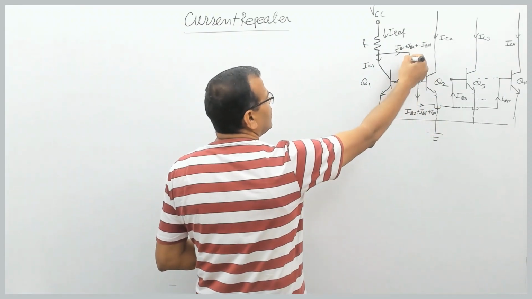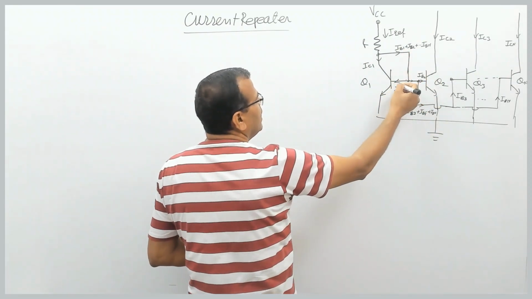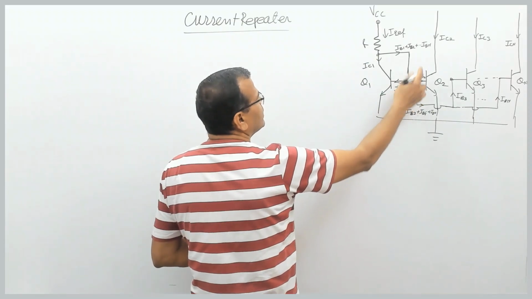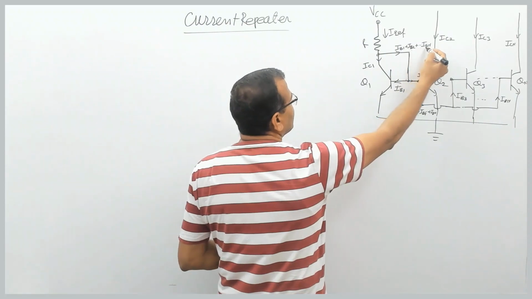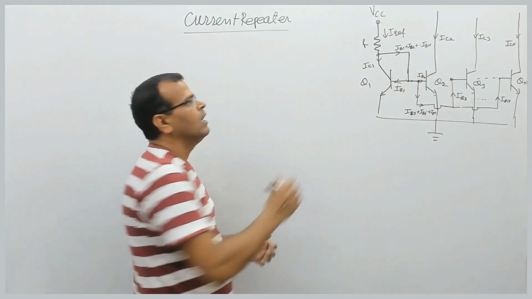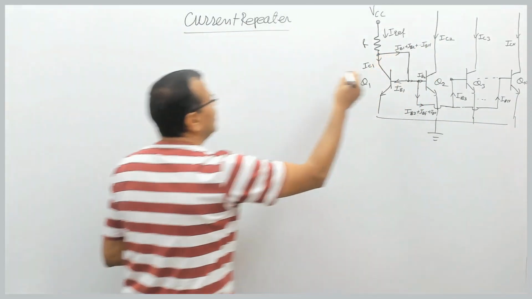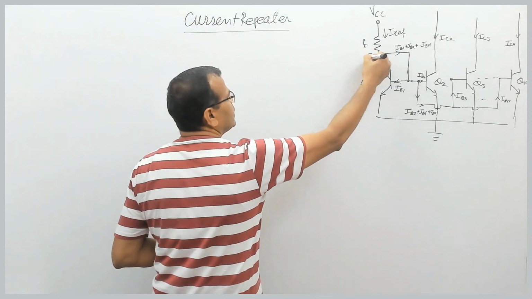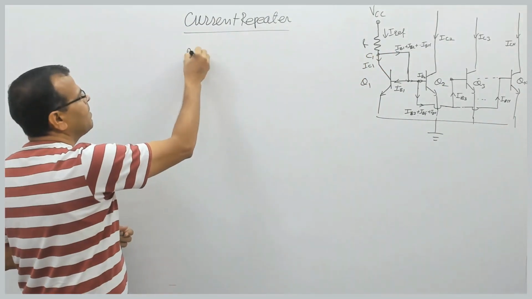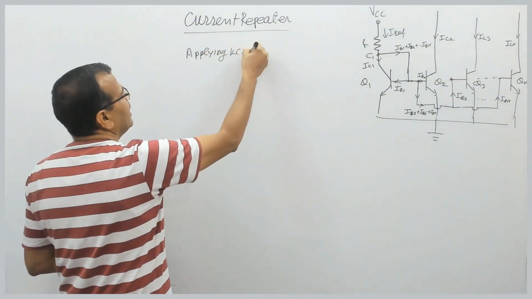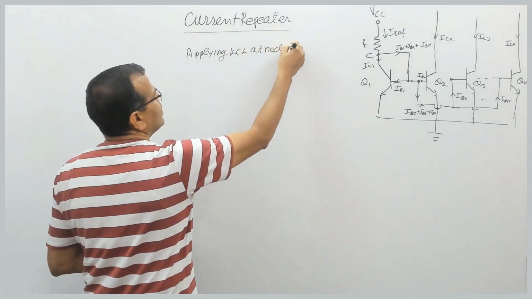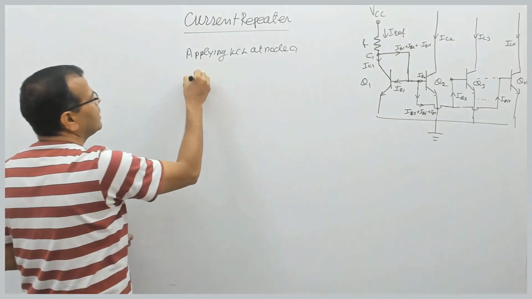So if you apply KCL here, this current plus the current going on this side will be equal to IB1 plus IB2 plus IB3 and so on up to IBN. Say this is node C1, applying KCL at node C1, what do we get?